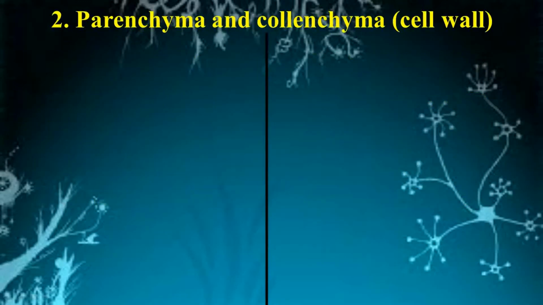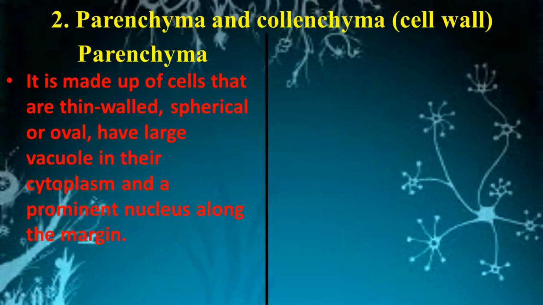Next question. Parenchyma and collenchyma. Cell wall. The answer is parenchyma. It is made up of cells that are thin-walled, spherical or oval, have a large vacuole in their cytoplasm and a prominent nucleus along the margin.